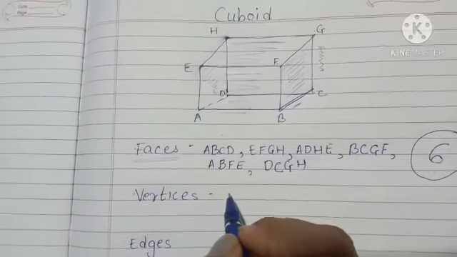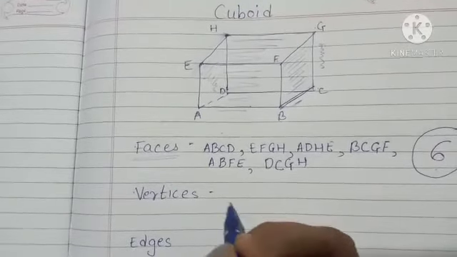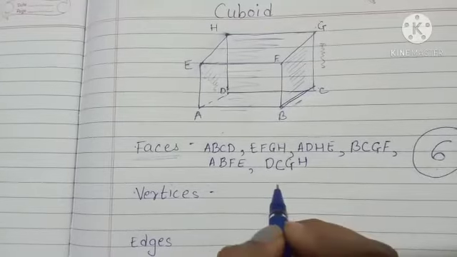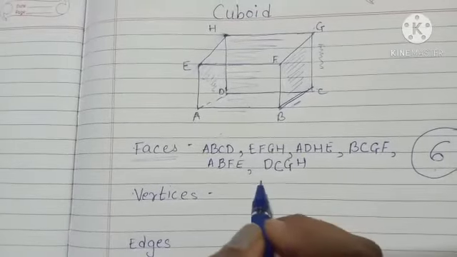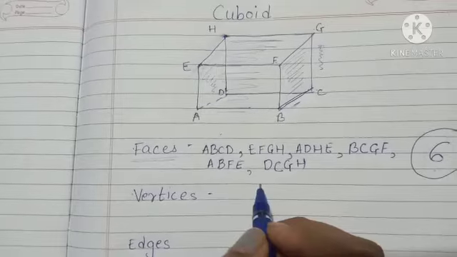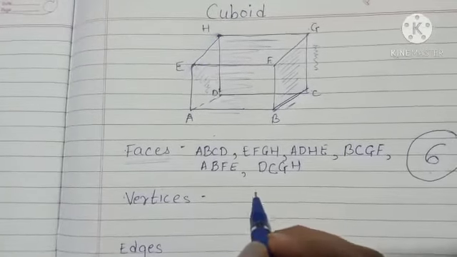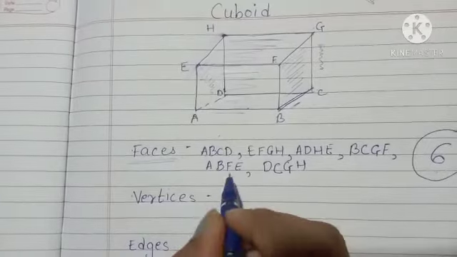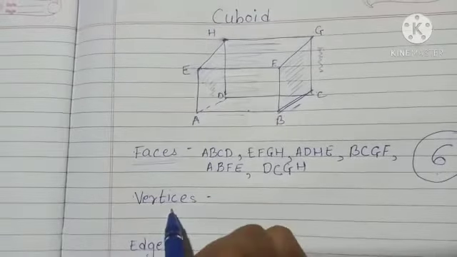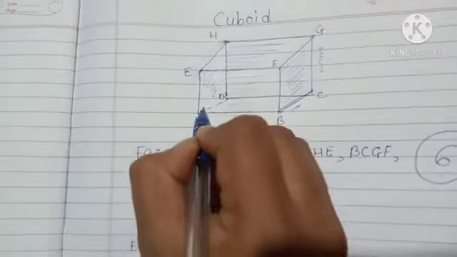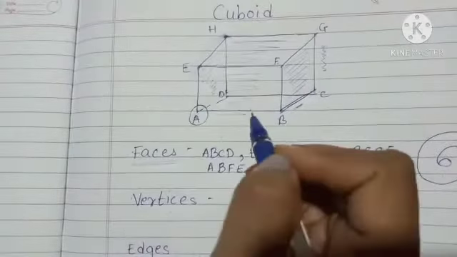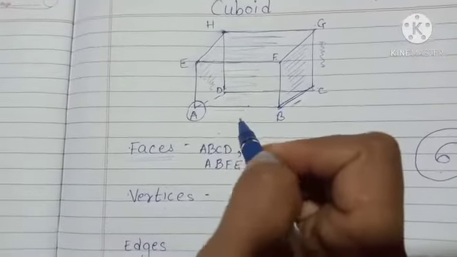As we have discussed the vertices, that the point where 3 faces meet is called as vertices. So can you tell me where are the vertices, where are the faces meeting? Yes, the first vertex is A. Can you tell me which are the faces which are meeting here?